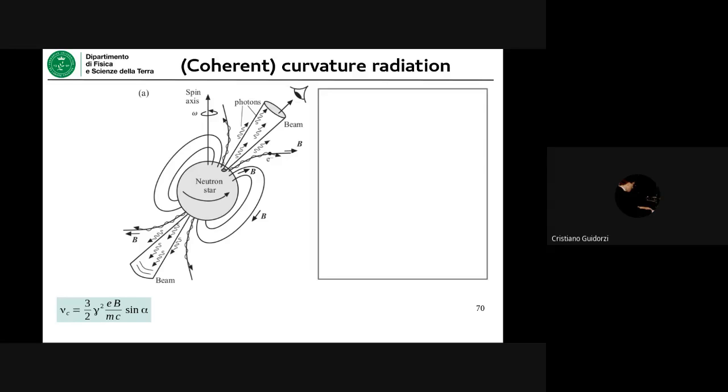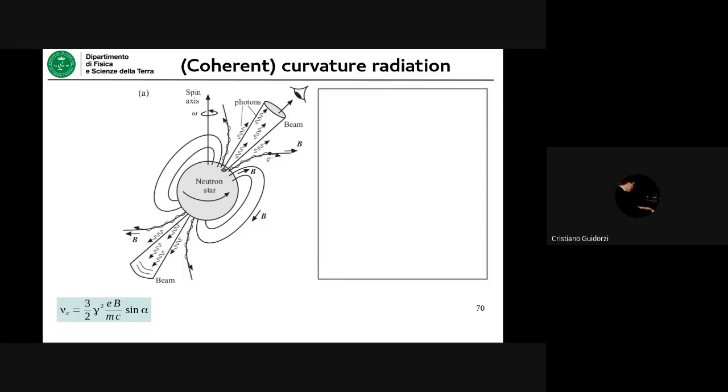The only ingredient is just having a magnetic field. In this case, the acceleration I'm talking about is the acceleration due to the curvature of the trajectory, but the curvature of the trajectory is due to the curved magnetic field lines. So the source of acceleration is completely different. And here you have electrons moving along a curved trajectory.